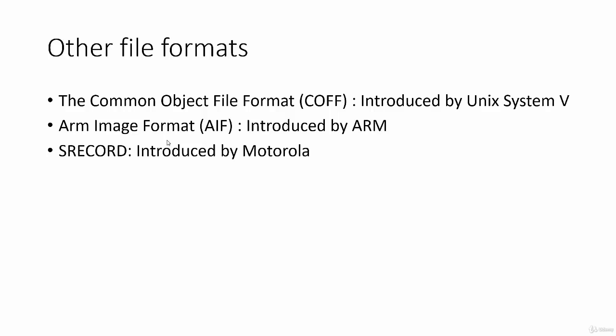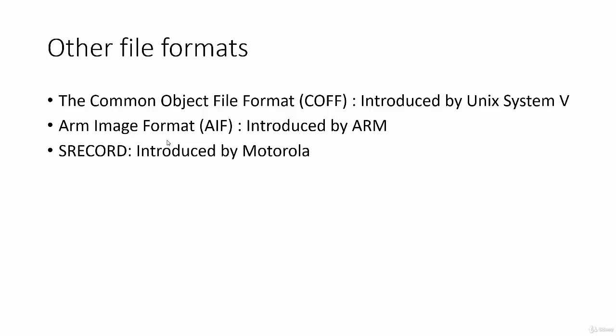There is also one more file format called S-record, introduced by Motorola. There are various other file formats to represent object files and executables. But since we are using GNU-based compilers here, the compiler follows the Executable and Linkable Format.